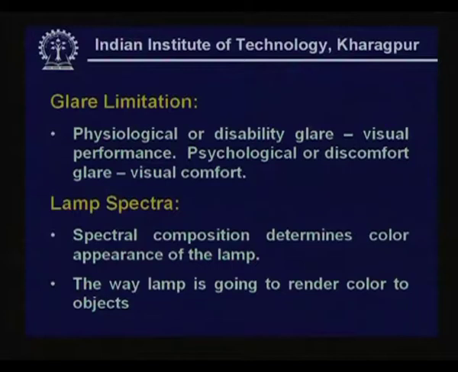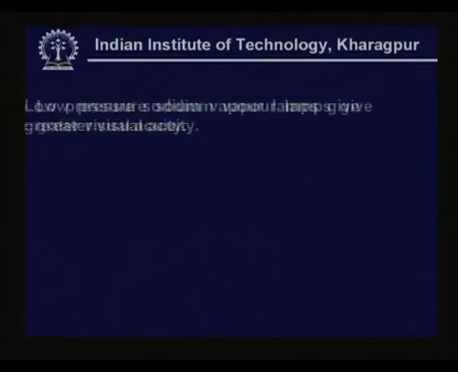One, how the radiation per se appears from the lamp, that is because of the spectrum that it radiates. Like we know that the sodium vapor lamp has a tendency to give yellowish, orangish radiation. And the other issue is the way the lamp is going to render color to the objects, which we call color rendering.